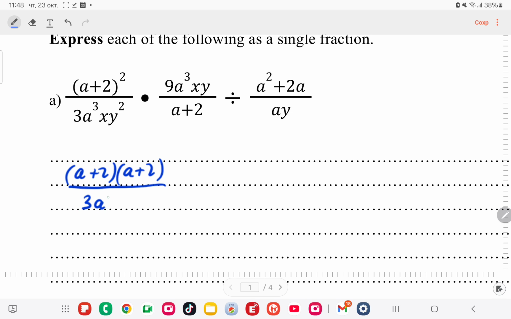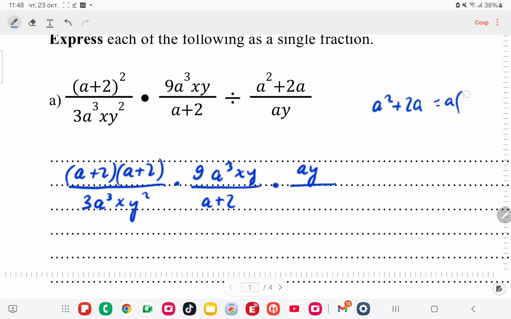Then 3, I just copy the remaining stuff for the first fraction, and the second fraction also to be copied, a cubed xy and a y plus 2, and then this fraction flipped, so ay and a squared plus 2a, which could be written as a times a plus 2. Now let's write it down, a times a plus 2.